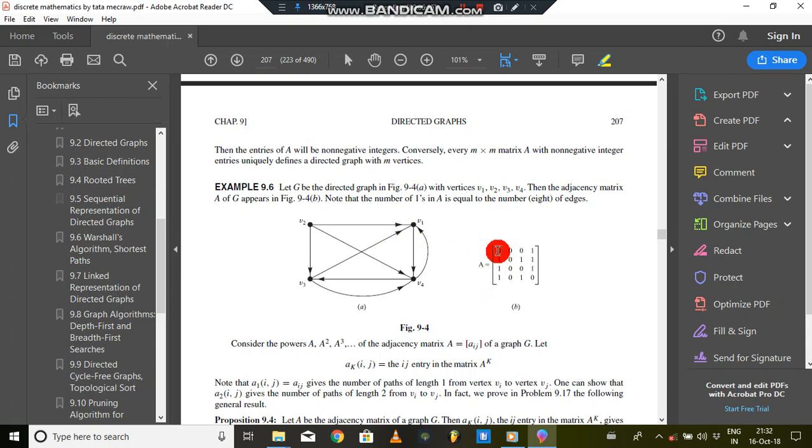Here 0 0 0 means no connection, and this is 1.